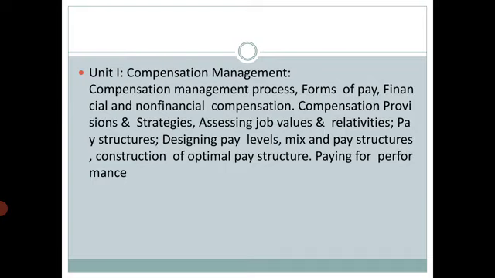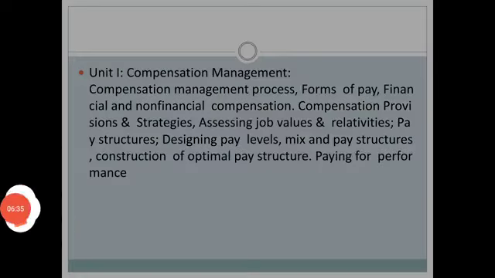We assign the task to the employee, and after it is completed, we pay him the reward for the efforts he has taken.